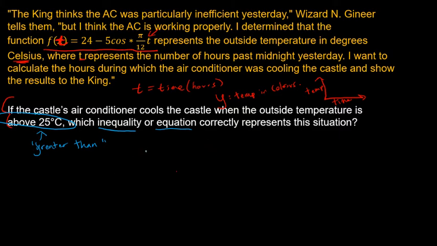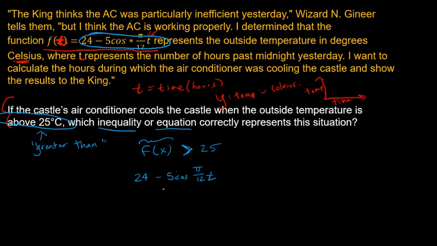So when our function f of x, or f of t, I'm going to write f of x because that's what they have, is greater than 25 degrees Celsius, we use the AC. Now obviously I can't just write f of x, I have to actually write in the function itself. So 24 minus 5 cosine of pi over 12t. All I did was rewrite the function.